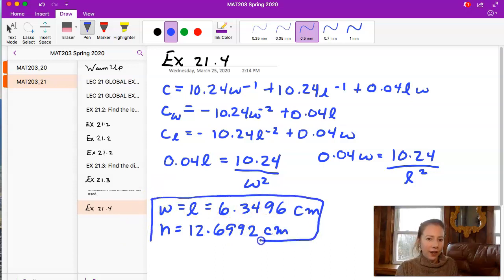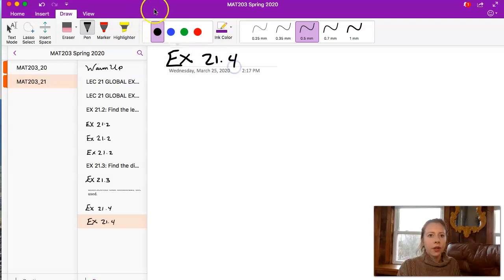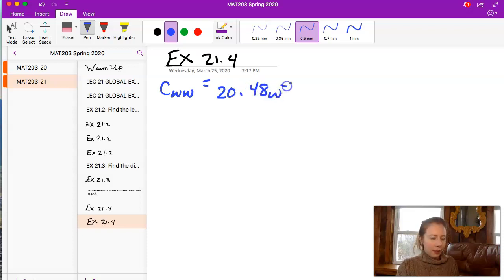Okay, we have the dimensions. But let's just verify, in fact, that we have a min. So C_WW is going to be 20.48 W to the minus 3.